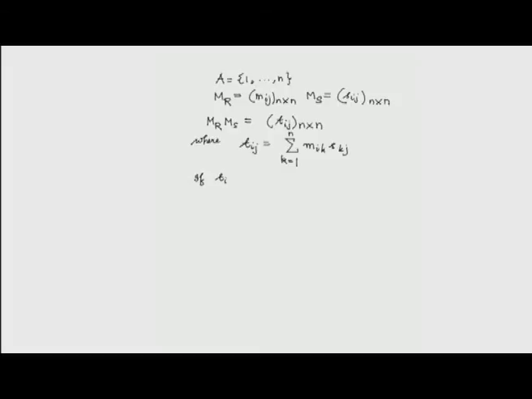That means if T_ij equals 0, then there exists no k belonging to 1 up to n such that M_ik S_kj is not 0.